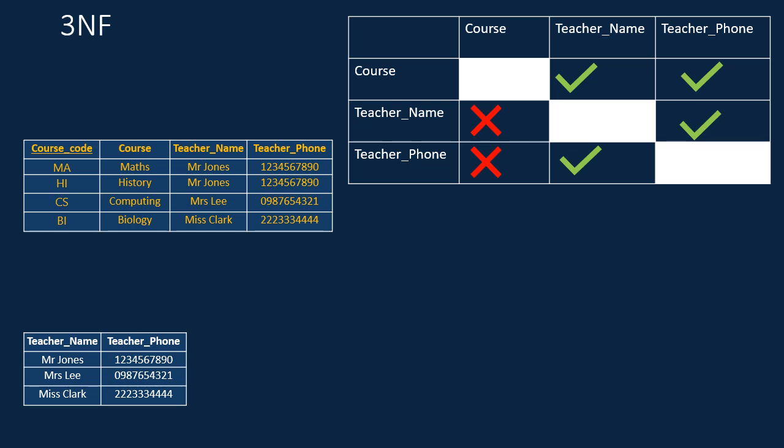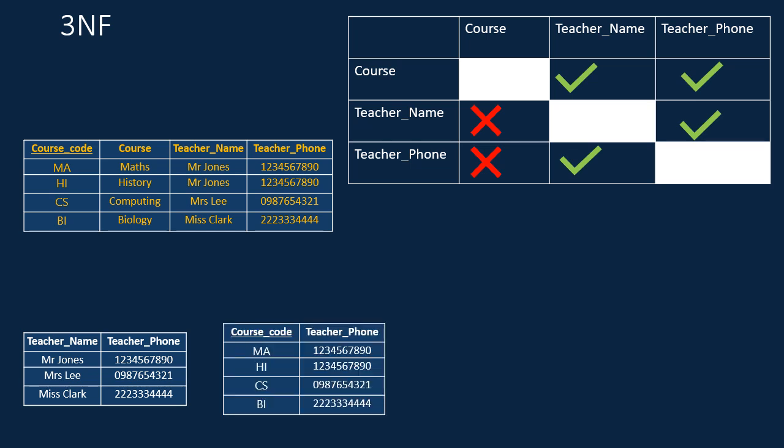So we've taken teacher name and teacher phone out of our original top table. Next, we have left teacher phone with our course code. Teacher phone we can think of as our unique identifier. We could use teacher name, but we'll go with teacher phone here. That's more likely to be unique than a teacher name.